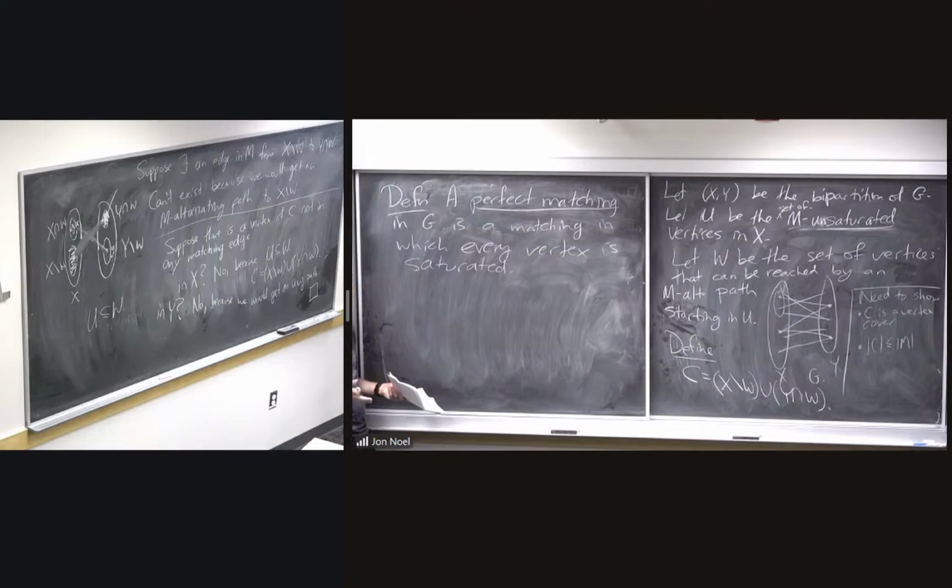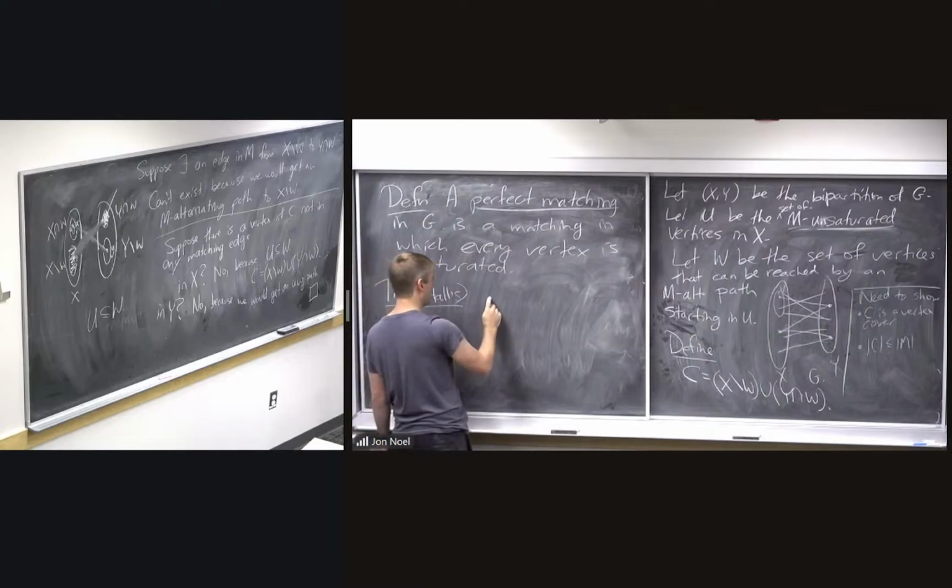In bipartite graphs, the famous theorem about perfect matchings is Hall's theorem. On one of your assignments, you'll have to prove Hall's theorem using König's theorem. It's a very standard thing.